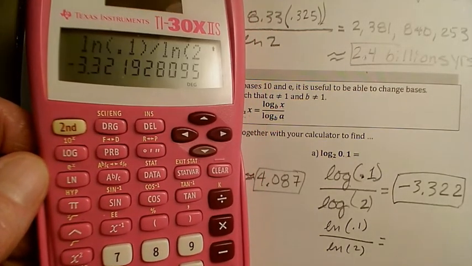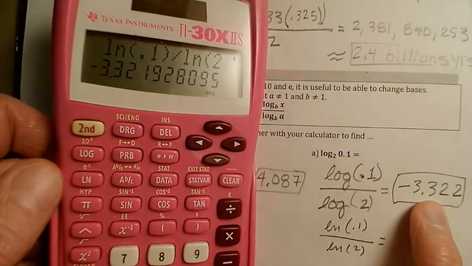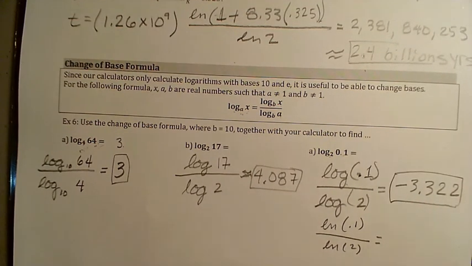And that gives me that same exact value. It doesn't matter what base I change it to, it's going to be the same value. No reason why we would do base 10 over base E. Generally we'll just use base 10, although it doesn't really matter.